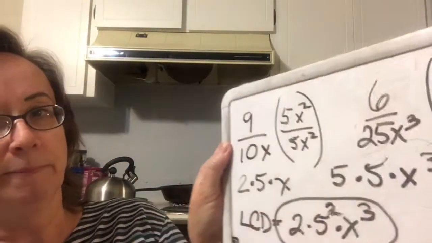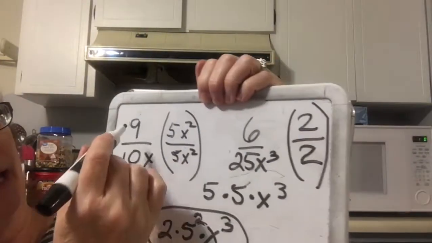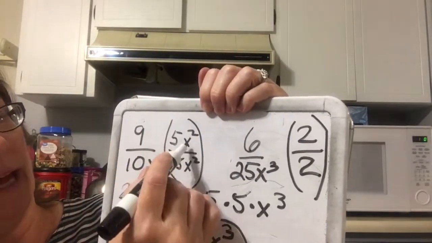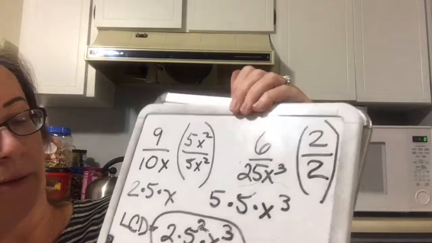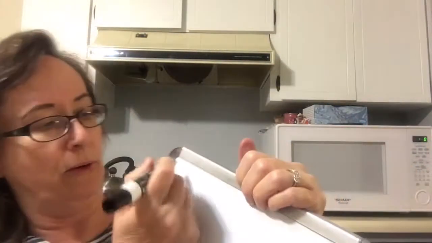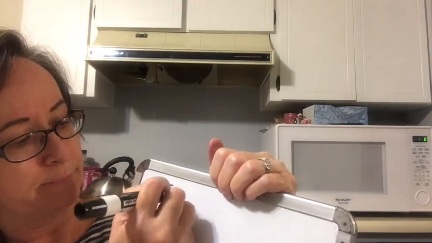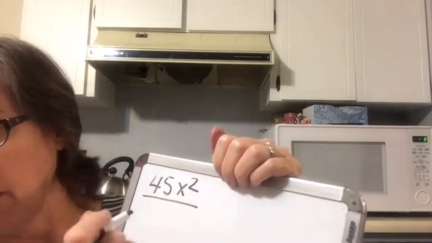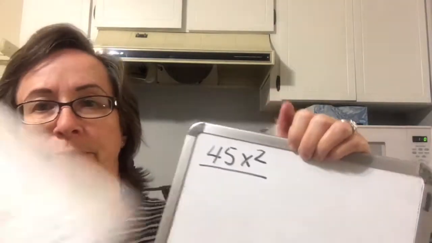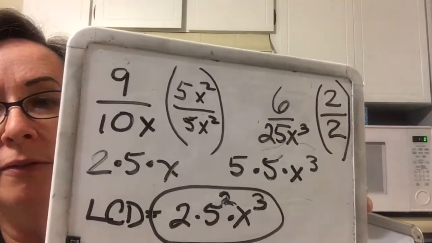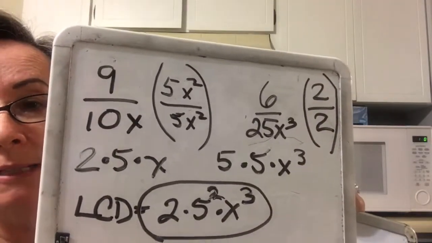So now I had, in this first one, 45x squared on the top. So I'm going to write that right here, 45x squared. And on the bottom now, I have the least common denominator because I multiplied by what's missing.